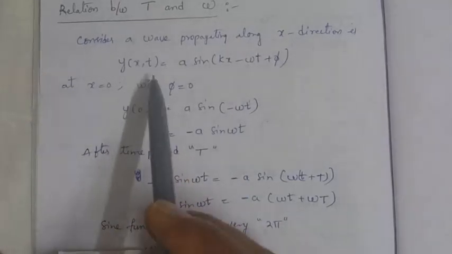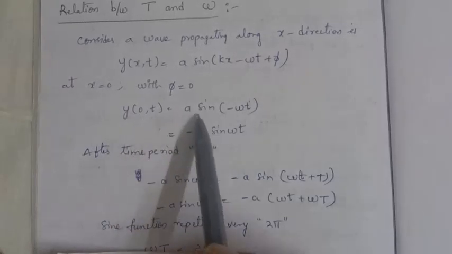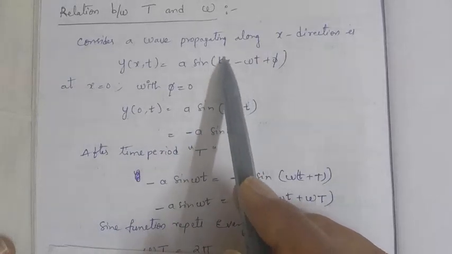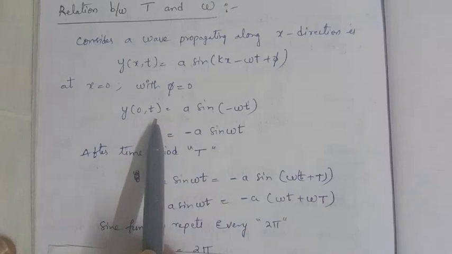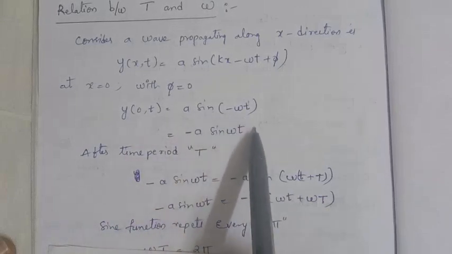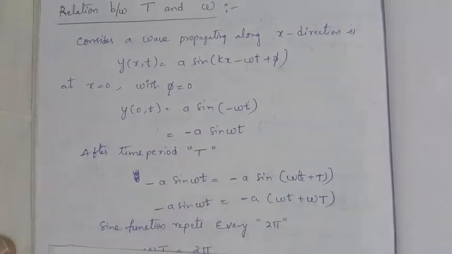Then substitute into the expression: y of 0 comma t is equal to a sine, the x term goes to 0, minus omega t, phi is equal to 0. So y of 0 comma t is equal to a sine of minus omega t, and sine of minus theta is minus sine theta, that means minus a sine omega t.